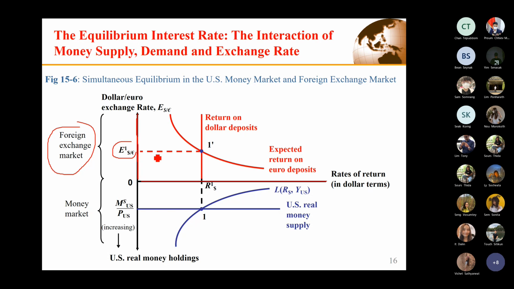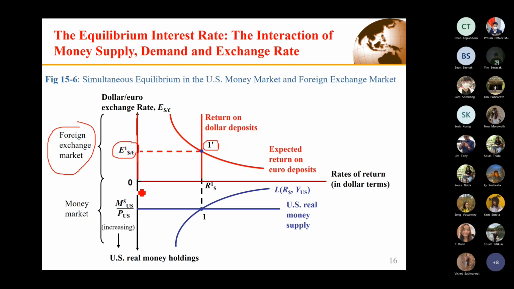We learned that the foreign exchange market would be in equilibrium at 1', in which the return that you get from deposits in the home currency, the US dollar, and the rate of return that you would get from deposits in euro, the foreign currency, would be equal, which we call the IPC, interest parity condition. It happens at 1', and the exchange rate is at E1. So the foreign exchange market is in equilibrium.